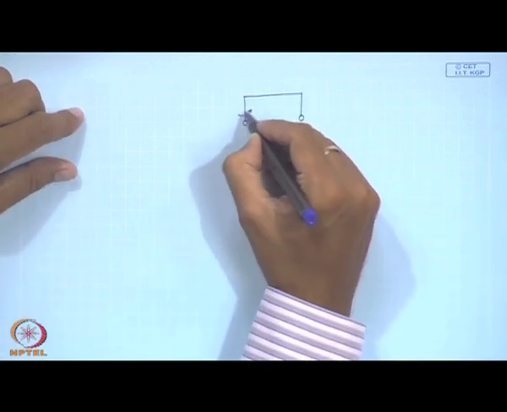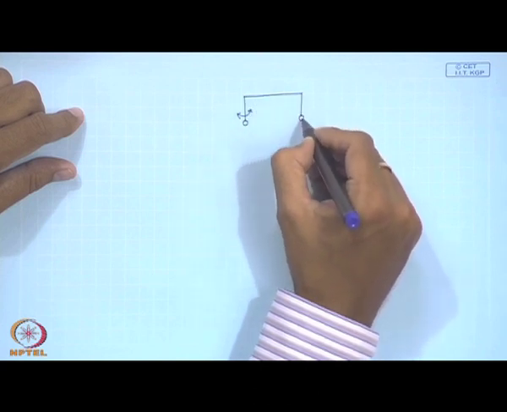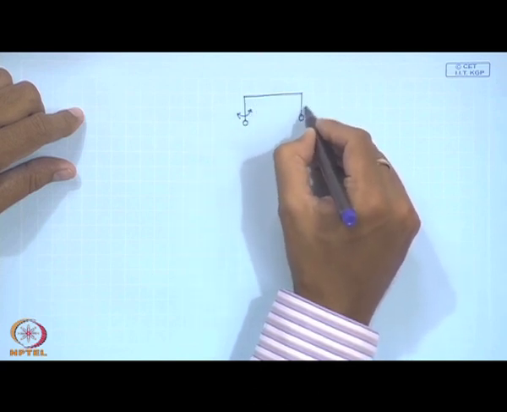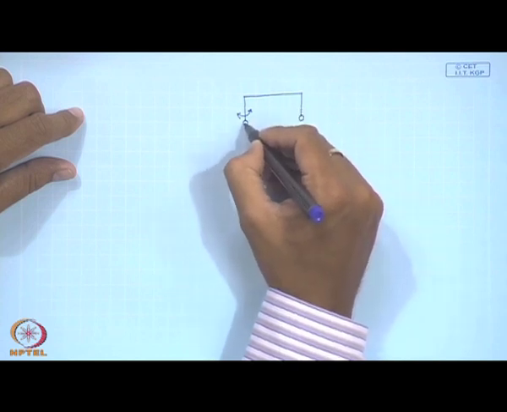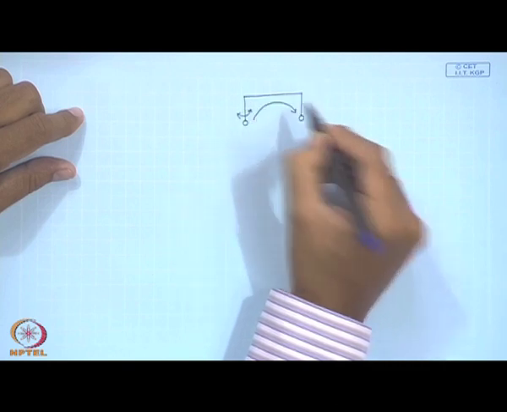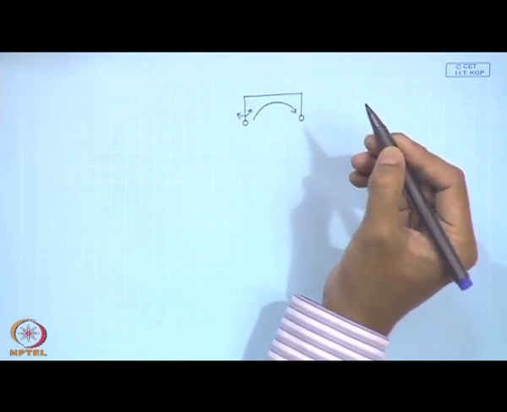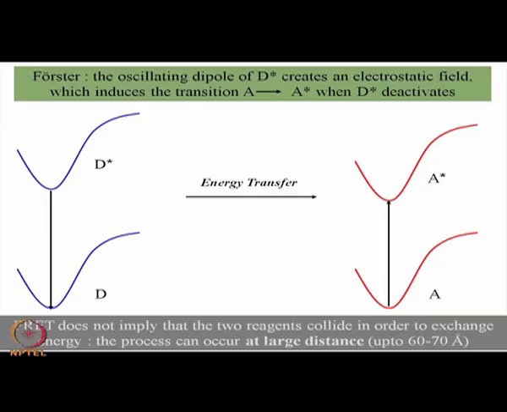Initially one will oscillate and then slowly this oscillation will be percolated to the other. It will start to oscillate, and the first will stop. So, you can think that the energy is transferred to this oscillator. In this Foster mechanism you can think in that classical way.